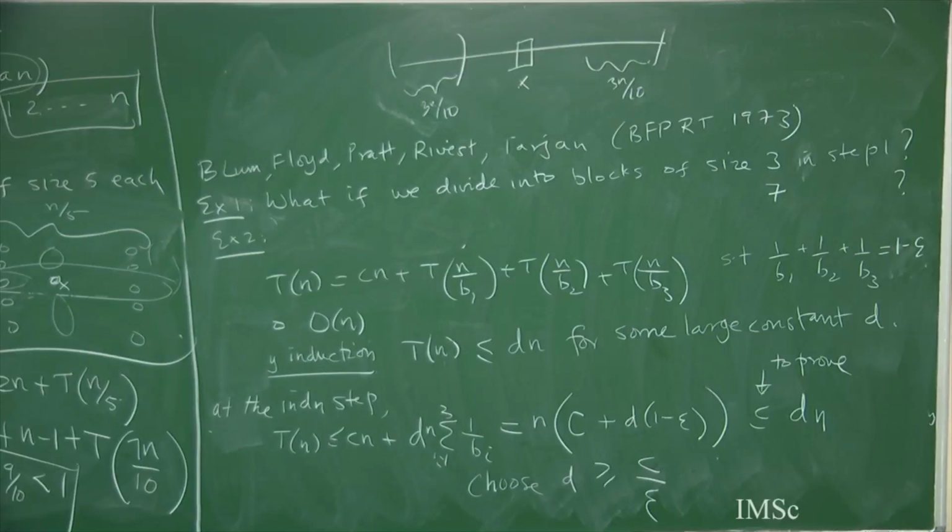For what values of the block size would I actually get a linear time algorithm? That's a very good way to understand this whole algorithm, because you just plug it into the recurrence and check whether these numbers add up to strictly less than 1. First, you need to see how many get eliminated for sure. That's where all the work is, and then you see whether it sums up to less than 1.